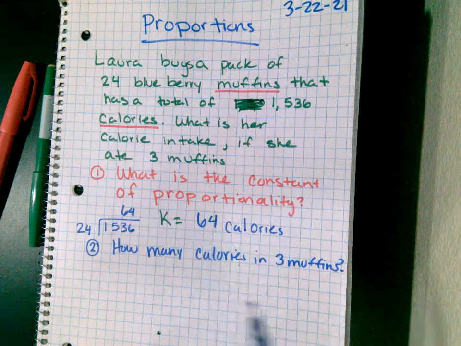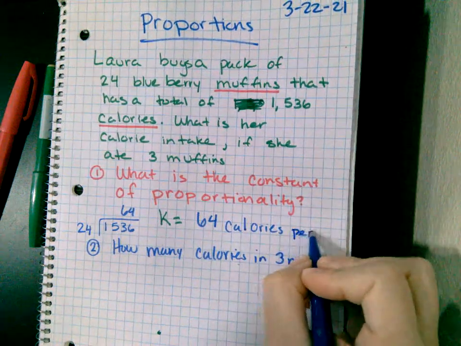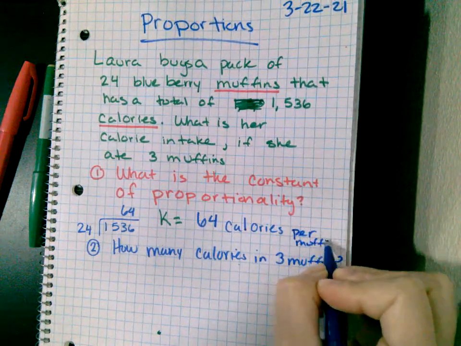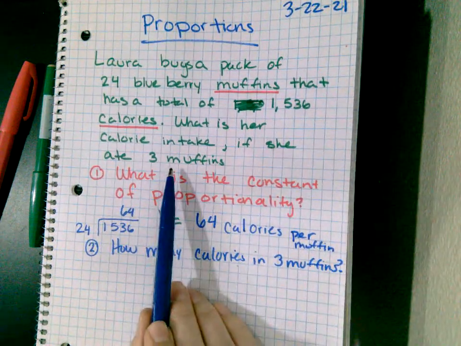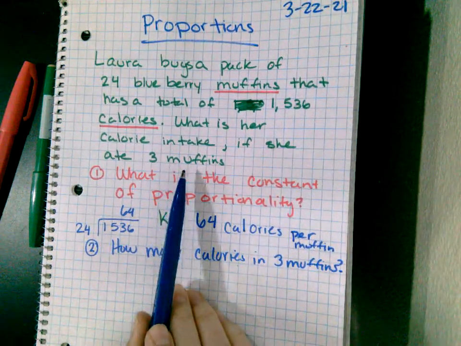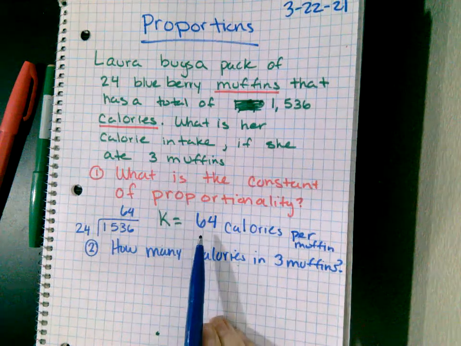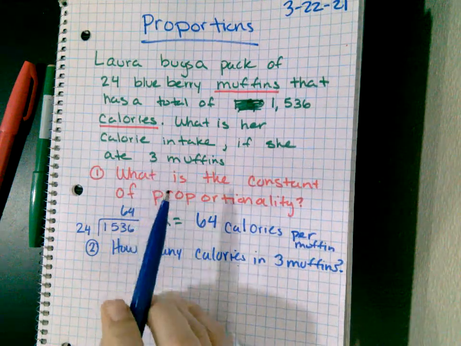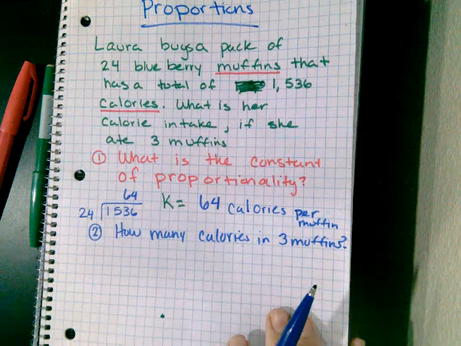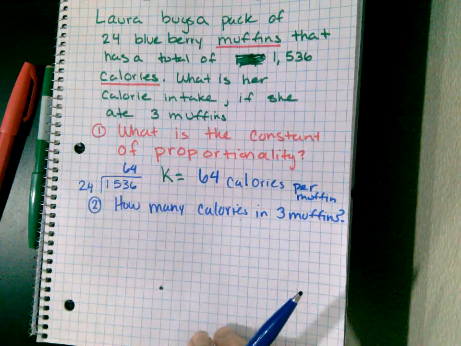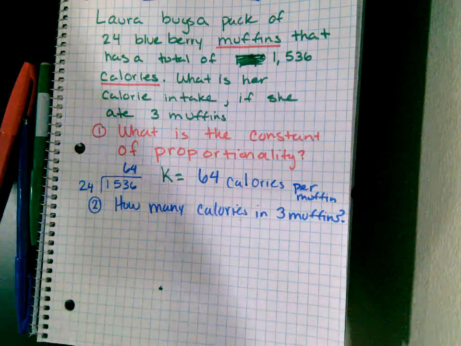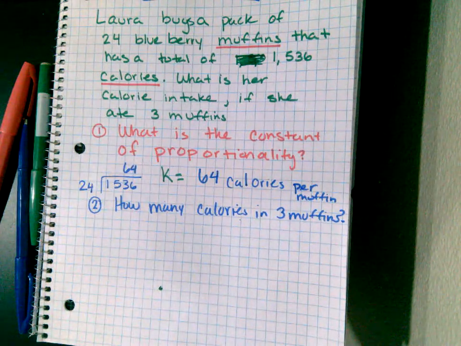We have 64 calories per 1 muffin, but the question is, how many do you have in 3 muffins? Each of them has 64. Grab those calculators. How many calories would 3 muffins have?